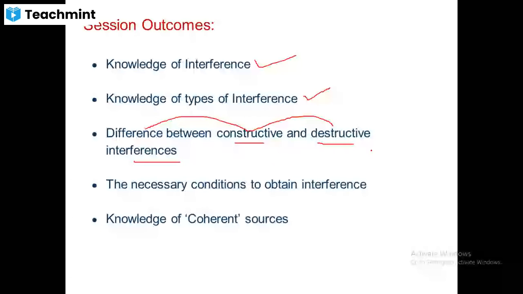You will also come to know the requirements, the conditions in order to obtain interference, and we'll get the knowledge of coherent sources. So at the end of this session, you will have the knowledge of all these things, right?